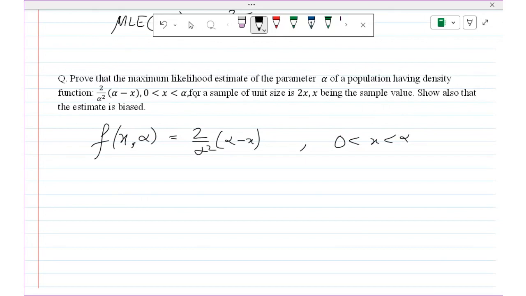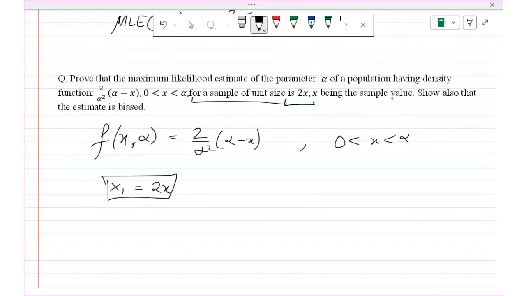Now for a sample of unit size, it means there is only one value in the sample, x1, x being the sample value.